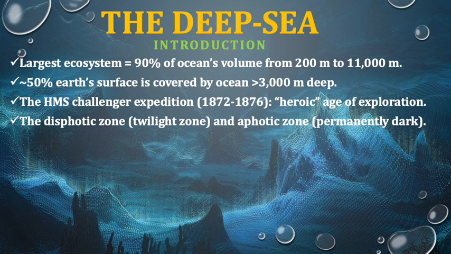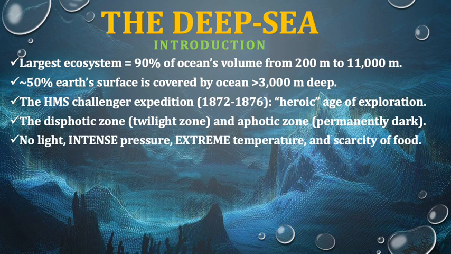The deep sea is a part of the marine environment below the photic zone. The photic zone is the area in the ocean where photosynthesis occurs, and the deep sea actually comprises the dysphotic or twilight zone and the aphotic zone, or the zone of permanent darkness.